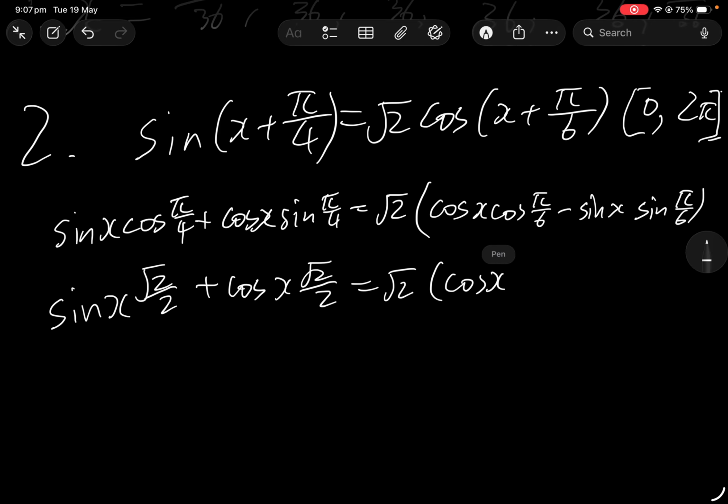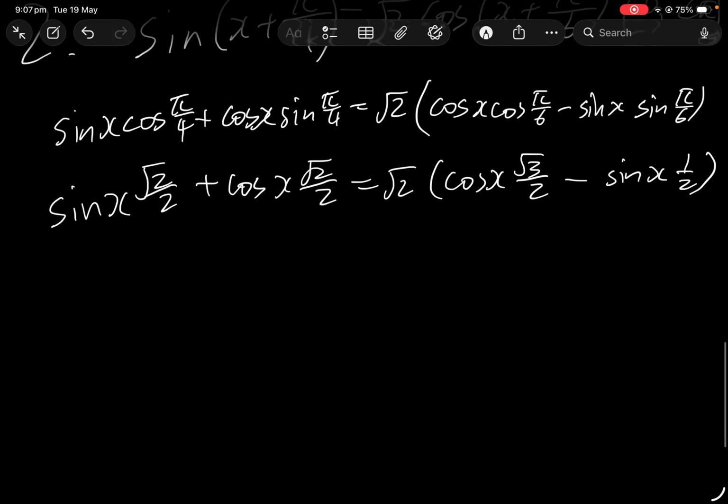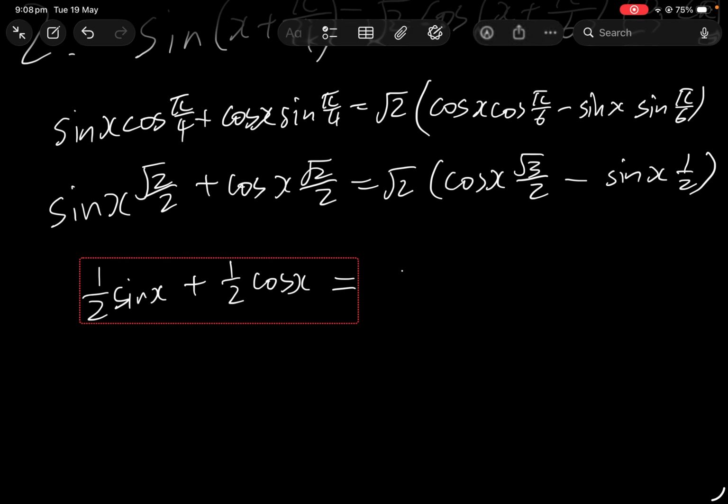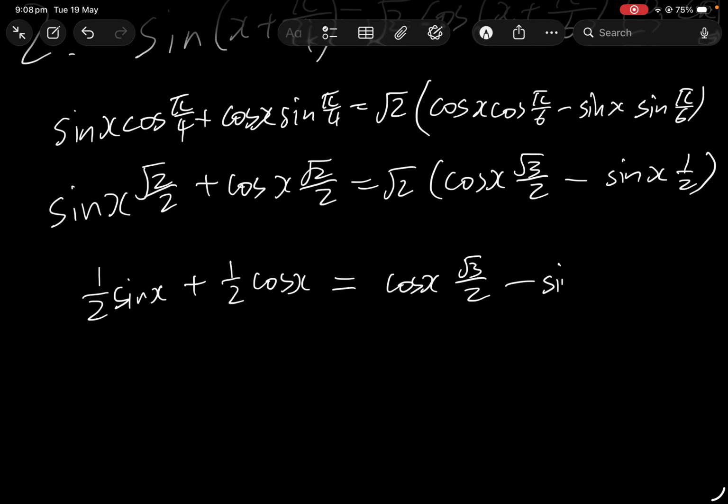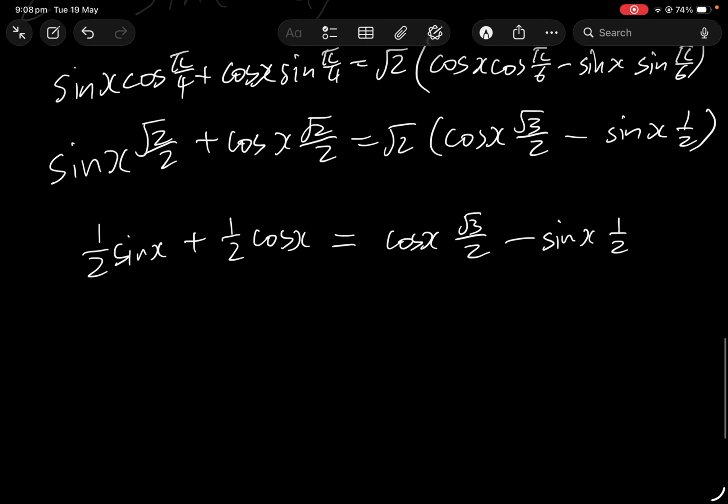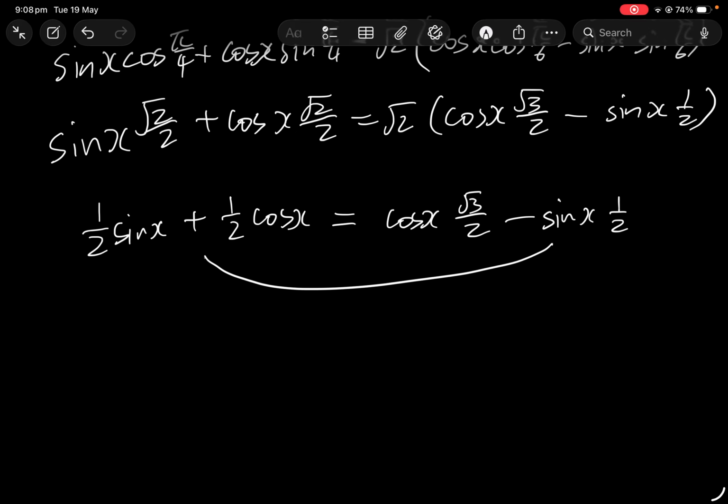cos x. That's literally square root 3 over 2 minus sine x. That is just a half. And we move this to this side. That just becomes 1 over 2 sine x, 1 over 2 cos x. Cos x, 3 over 2 take sine x. And the sine to this side, and maybe the cos to this side.